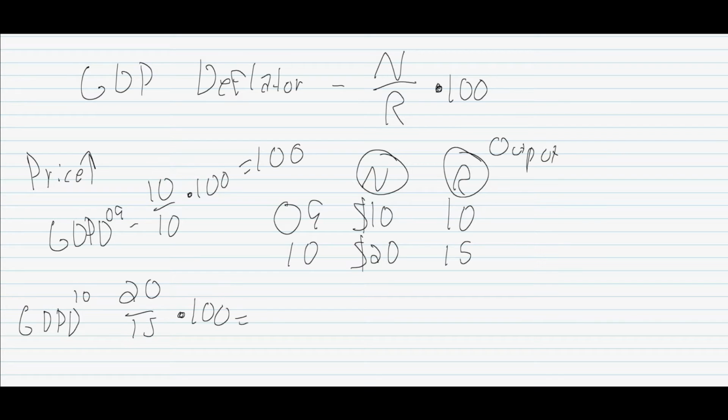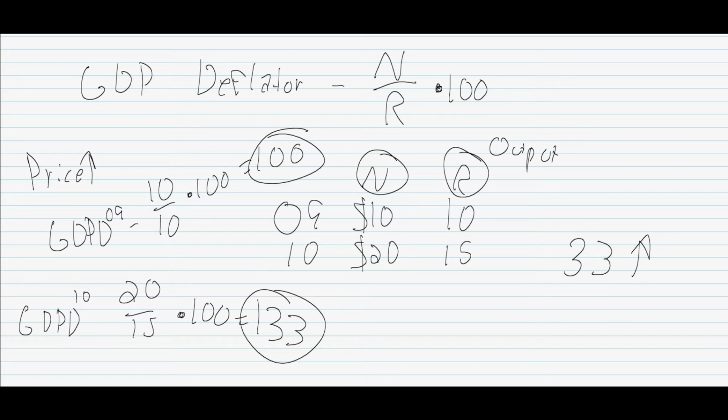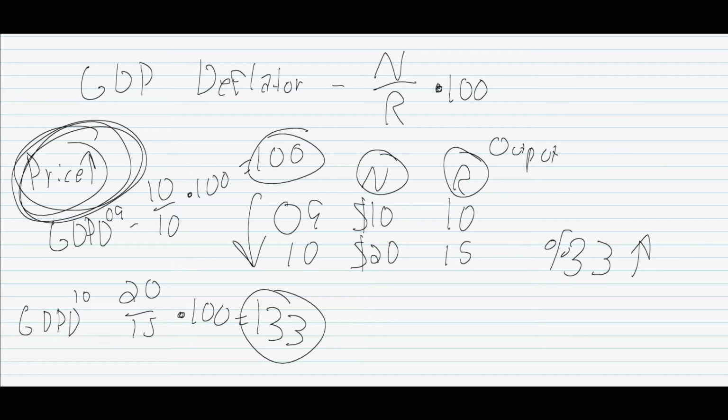The number comes out to 133. So if we take this as the base and this as the new number, something increased by 33%. And what's that something? That something's price. Since the GDP deflator measures inflation, and inflation is an increase in price, whatever increase you find from the GDP deflator from one year to another, that's going to be an increase in price.